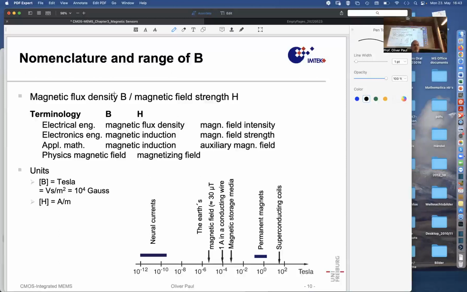The electrical engineers like to talk in terms of B as the magnetic flux density, and then the magnetic field intensity is H. For electronics engineers, magnetic induction; applied mathematicians, also magnetic field strength, auxiliary magnetic field, magnetizing field, magnetic field.